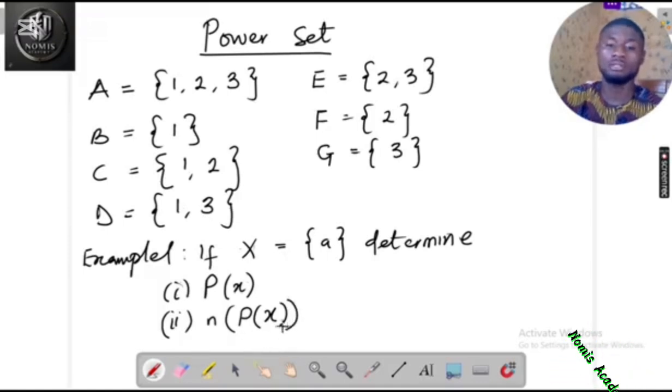Now this is just to close the bracket of X, and this is to close the bigger bracket. Now where does this n come from? Remember, cardinality. So it's asking us for the cardinality of the power set.